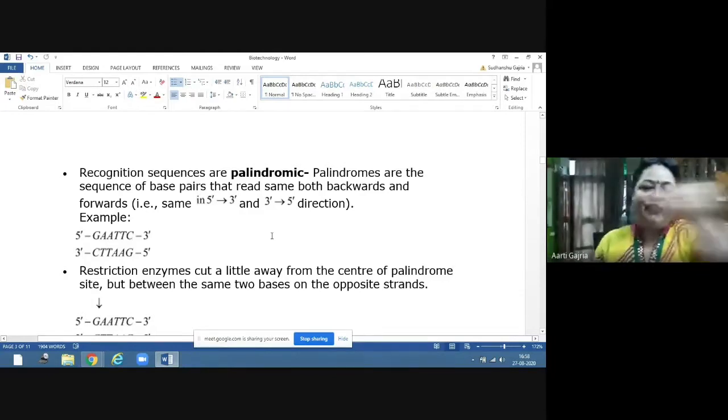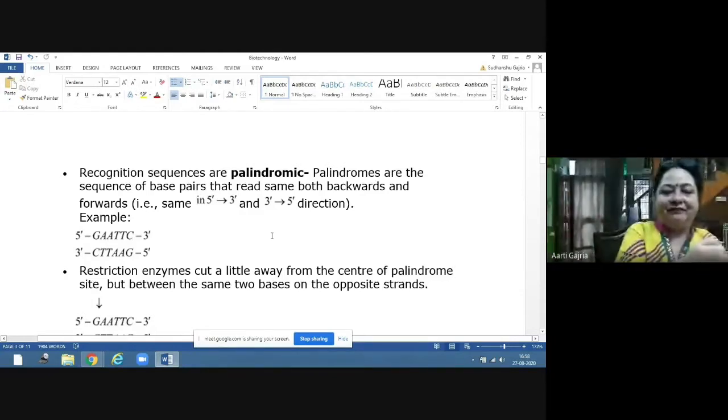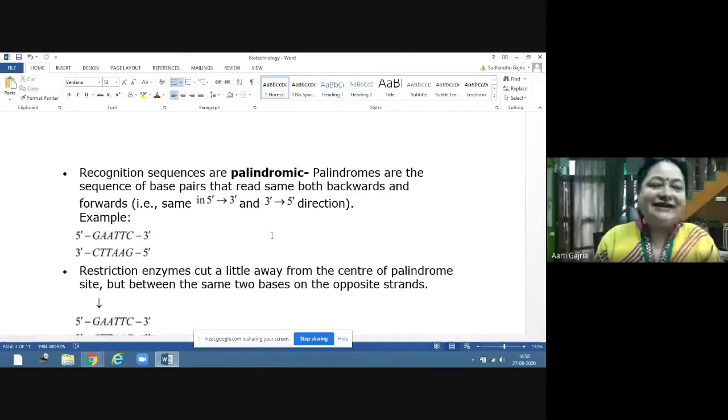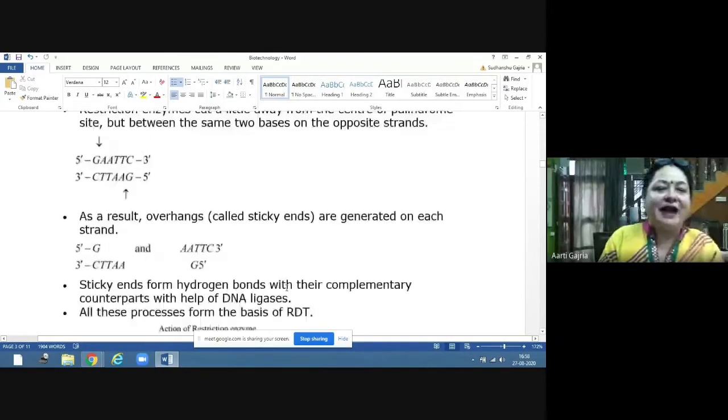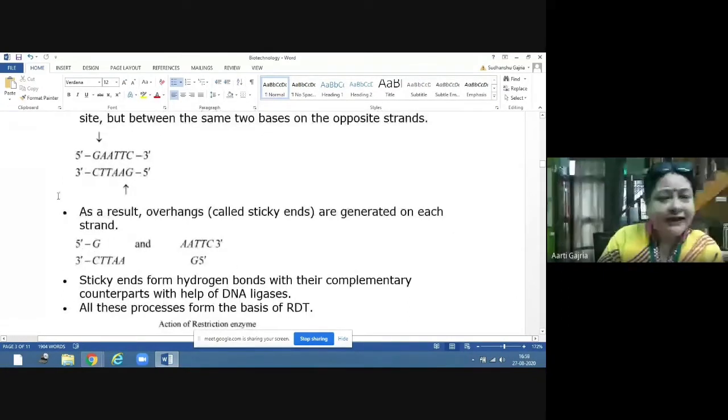That is forward and this is backward. So restriction enzymes cut a little away from the center of the palindrome site, but between the same two bases on the opposite strands. This is the example we have given of a palindromic sequence.